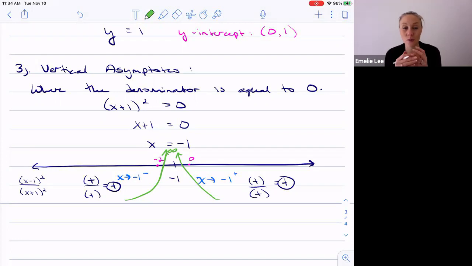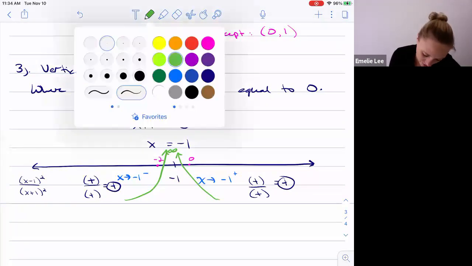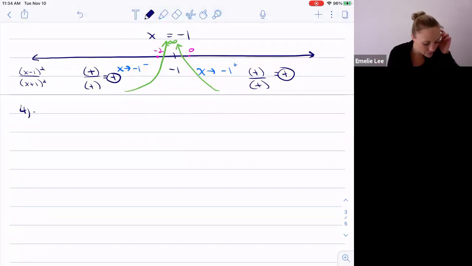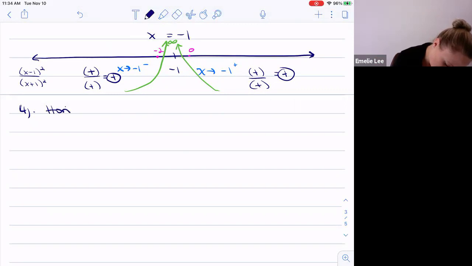Because it's going to help us with our horizontal asymptotes, as we saw as well. I'm on a new page, so I'm going to keep it at the top of the page. The fourth step is the horizontal asymptotes.